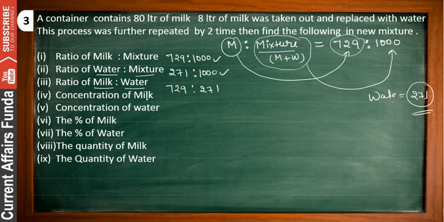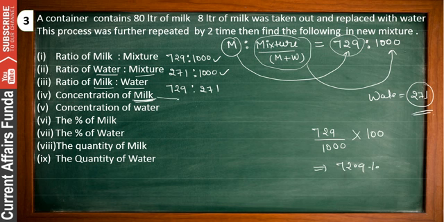Again, concentration of milk. What is the meaning of concentration of milk? So friends, in the fourth part, concentration of milk is the ratio of milk is to mixture, that is 729 is to 1000. Make it a percentage here, so it will be 72.9 percentage. This is the concentration of milk.